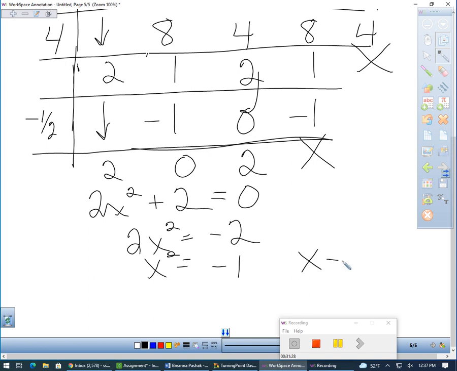So we get x equals plus and minus i. Yep. If you have the square root of negative 1, that's just i, right? Okay, and what were our other 2 zeros? We've got to list them here also. -1/2 and 4. All right, so now you only have 6 problems left to do. Okay?